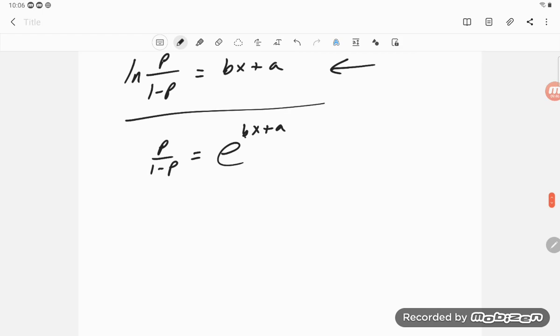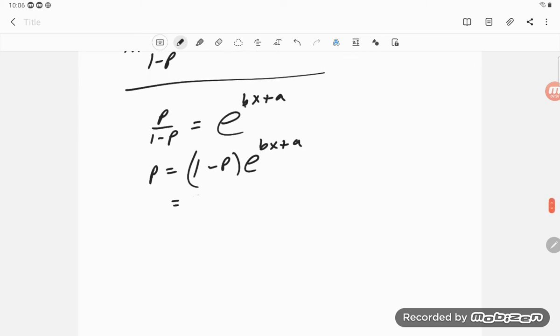Multiply both sides by 1 minus P, and I get P is equal to 1 minus P times e to the bx plus a. Distribute that through. So I have P equals e to the bx plus a minus P e to the bx plus a.